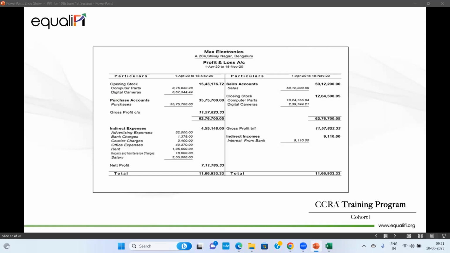Let it be for 2 months. Let it be for 1 month. That doesn't matter. What I expect is some more critical observations. Calculating a ratio is okay, fair enough. Anybody can do it. But what are the critical observations? Look at the expenses.